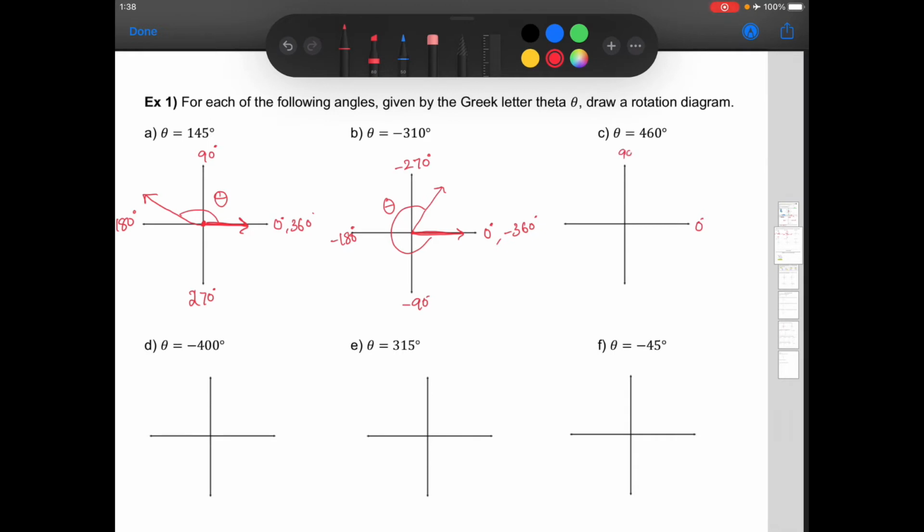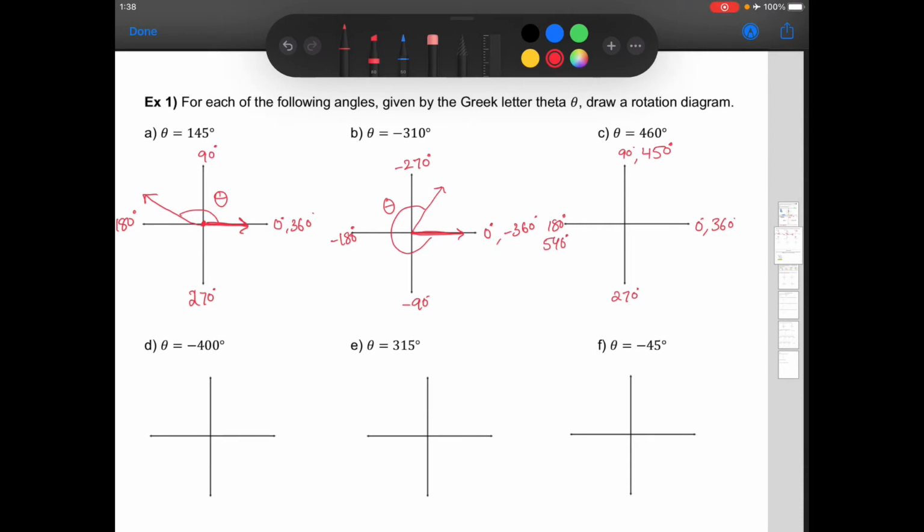460. Again, it's positive, so I'm going to go counterclockwise. 90, 180, 270, 360. 460 is more than that. So basically we're doing the times table of 90. So 360, this would be what? 450, and this would be what? 540. I'm just going by increments of 90. If you're confused, you're just adding 90 each time.